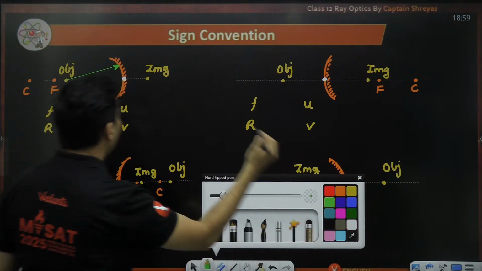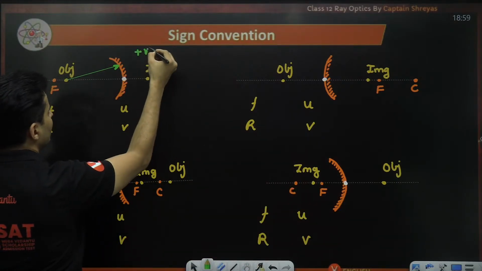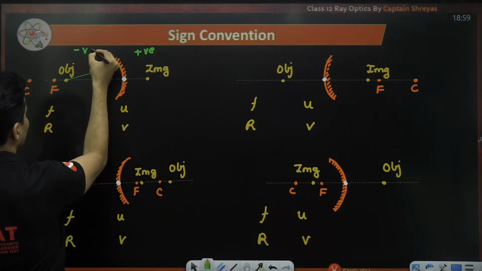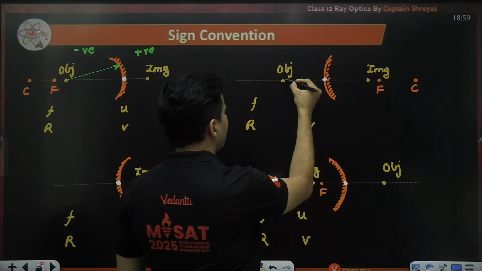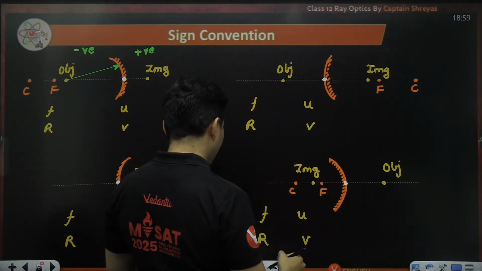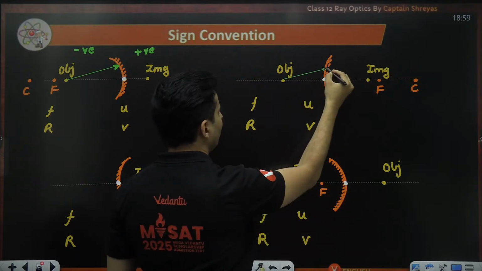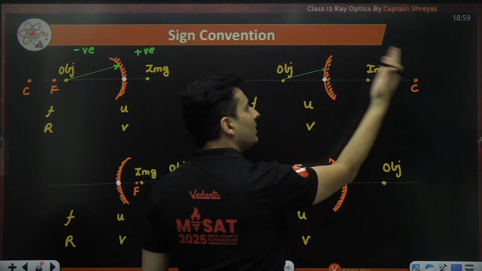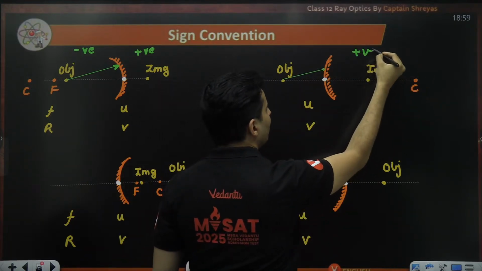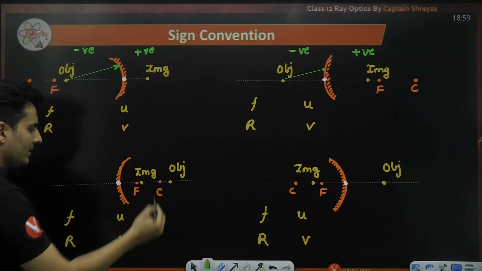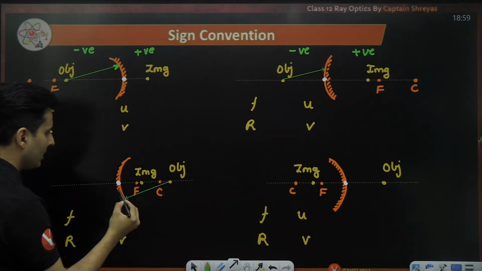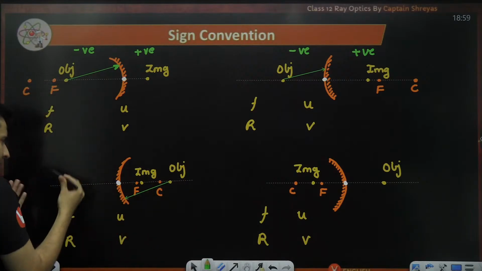So naturally, by sign convention, this is the positive side and this is the negative side. Object is here, so the ray will definitely go like this, towards this side.